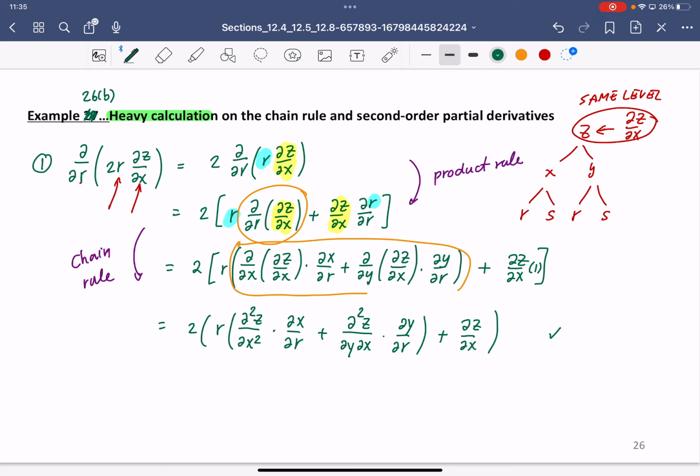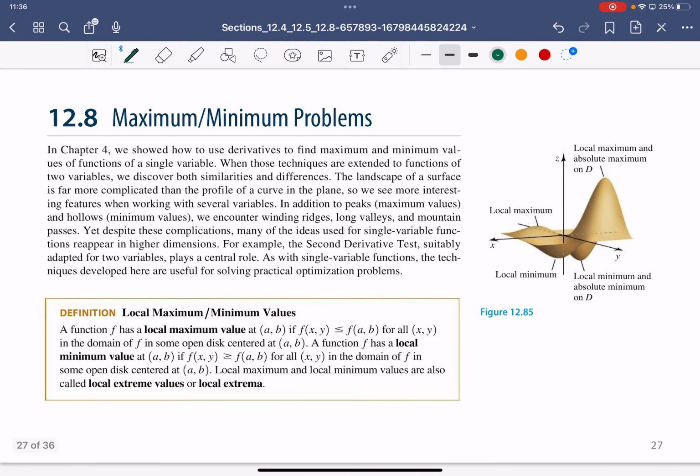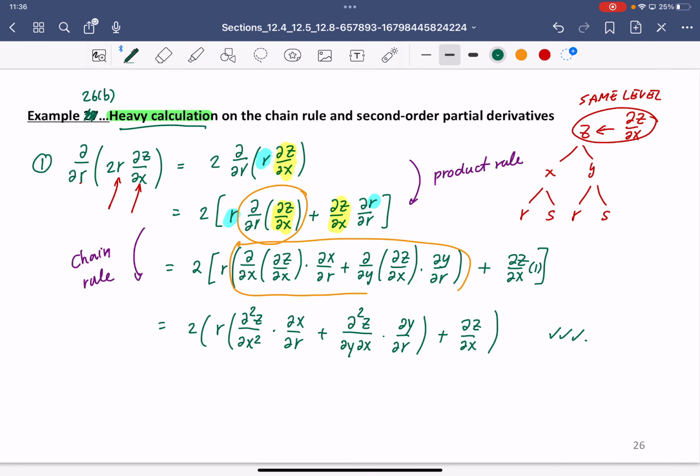So this is actually the answer. Again, heavy calculation because it's super complicated in terms of notation. We're going to stop the chain rule here, and next Monday we're going to do max and min problems.